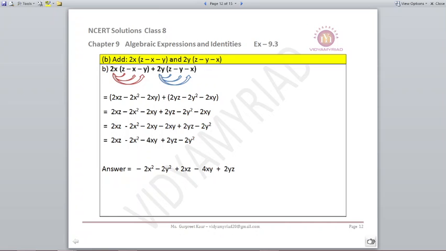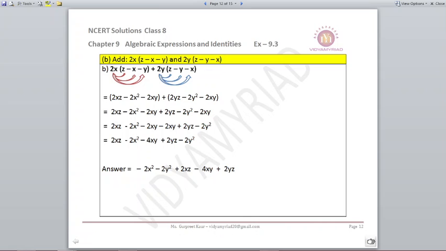That means in whole we have 2 times 2xy. So please, whenever you are opening the bracket, please see that if there are any like term together, you need to solve those again. So your equation becomes 2xz minus 2x square minus 4xy plus 2yz minus 2y square.